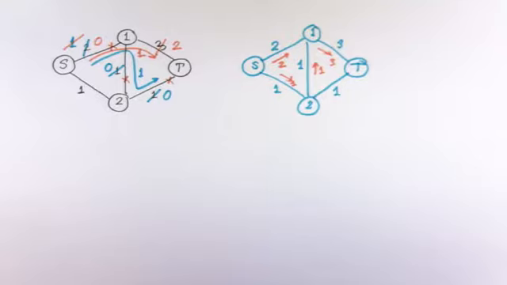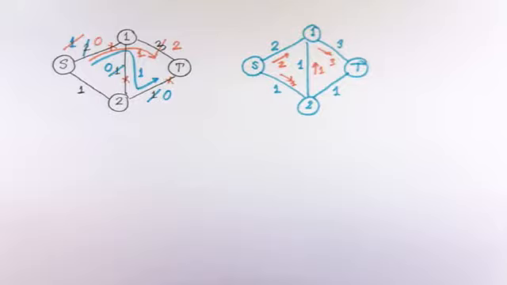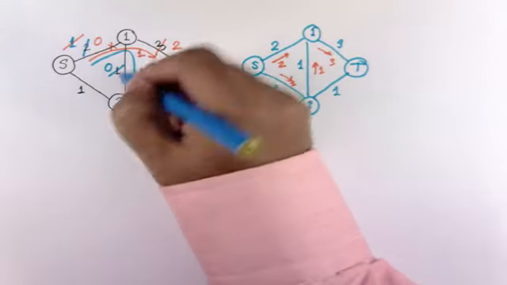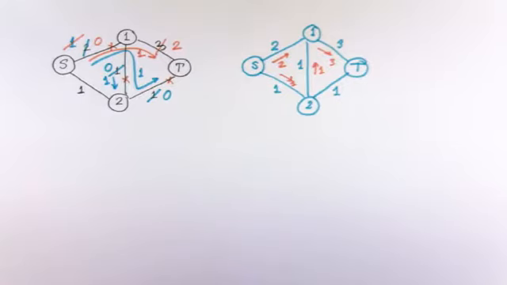The important thing to understand here is that on this edge, the flow that we had originally set was in this direction, right? But actually what you can do is you can reverse that flow.